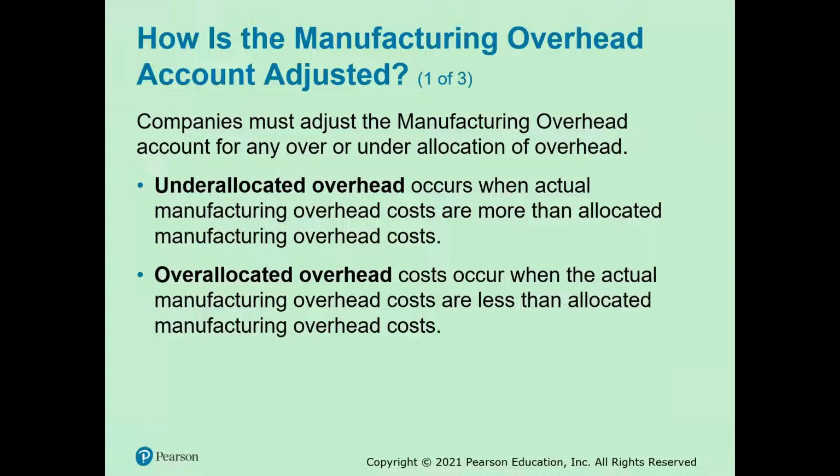At the end of the accounting period, the underallocated and overallocated overhead is adjusted by closing the manufacturing overhead account.